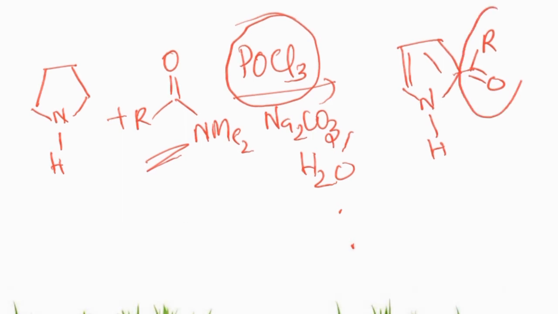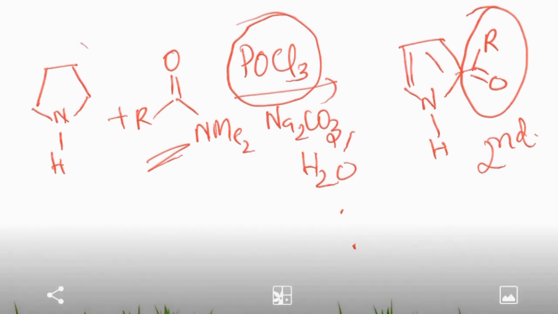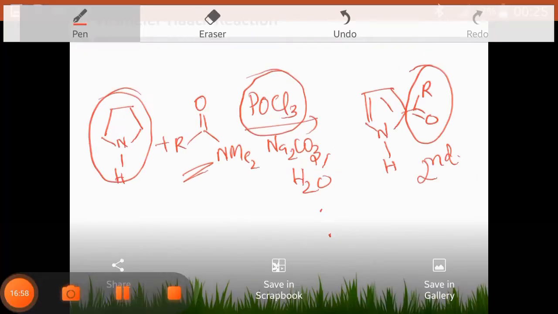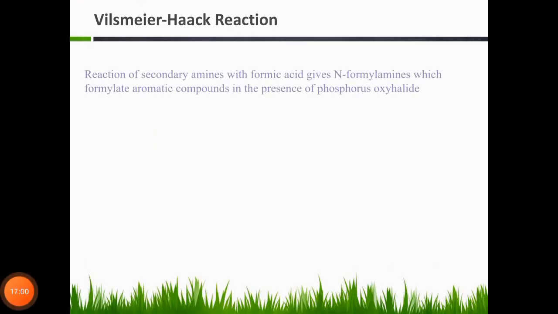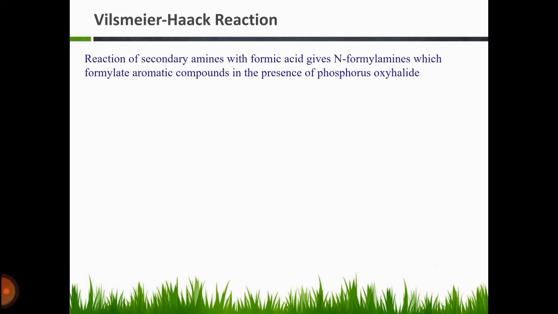And when we are explaining the Vilsmeier-Haack reaction, most of the time aromatic compounds are utilized instead. So an aromatic compound anyway could be acylated by Friedel-Crafts reaction. So the importance of the Vilsmeier-Haack reaction is that heterocycles could be acylated by using it.